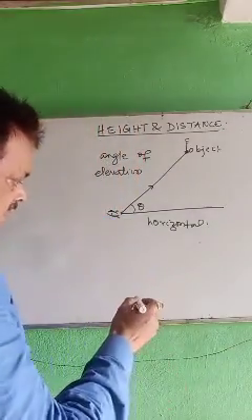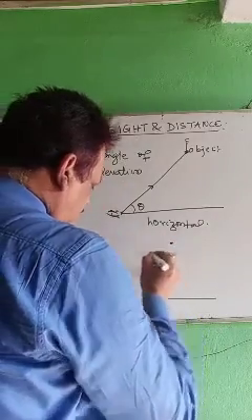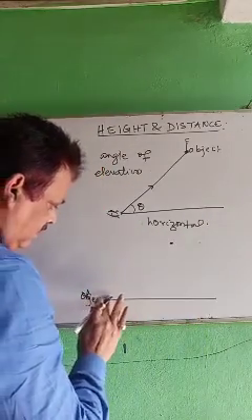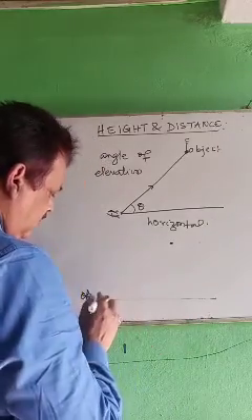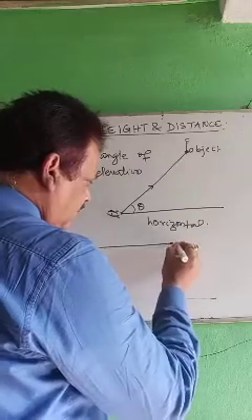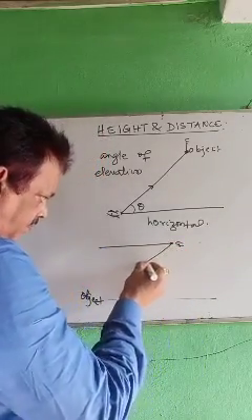Similarly, if there is an object here, and this is the horizontal line with your eye, then you are looking down.